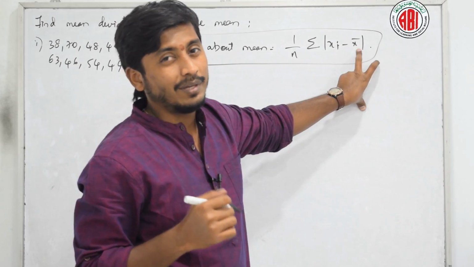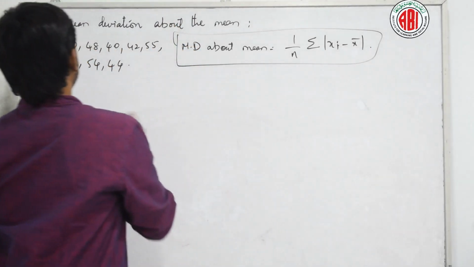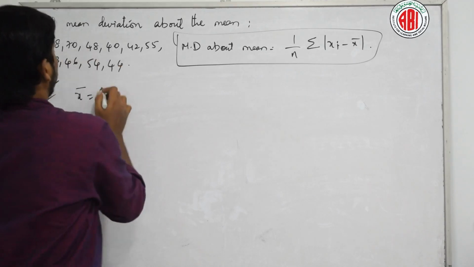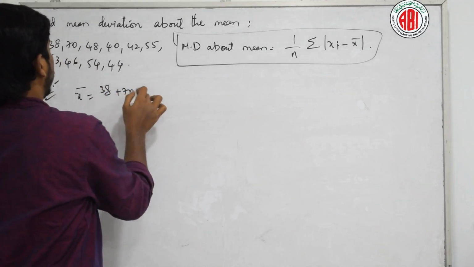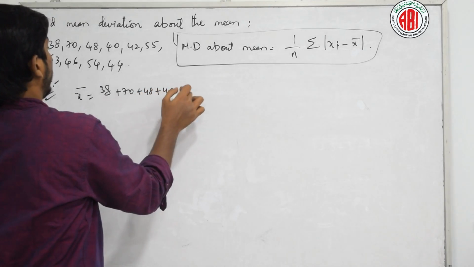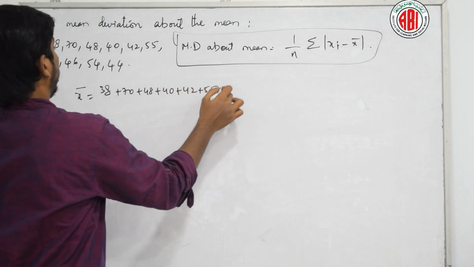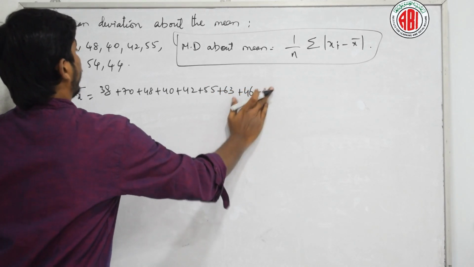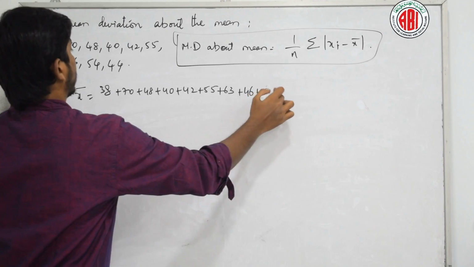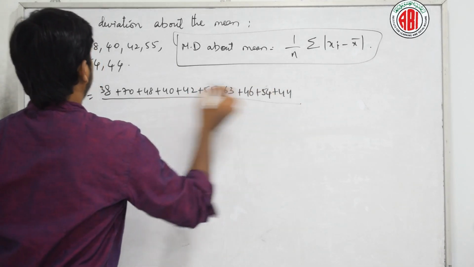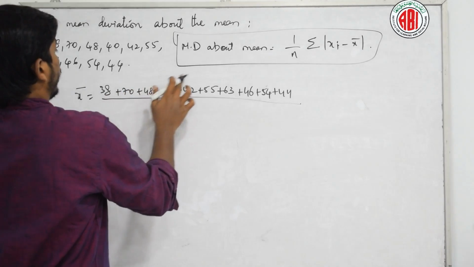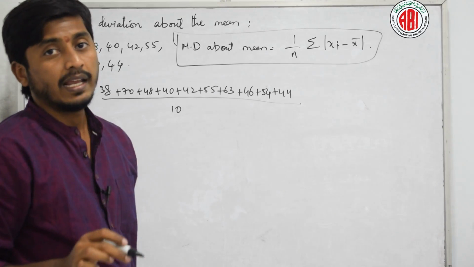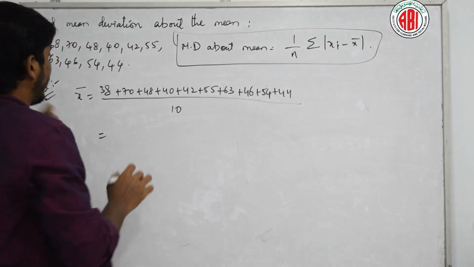So x bar is 38 plus 70 plus 48 plus 40 plus 42 plus 55 plus 63 plus 46 plus 54 plus 44 divided by how many numbers do we have? 1, 2, 3, 4, 5, 6, 7, 8, 9 and 10. Clear? Now shall we add all the numbers here?